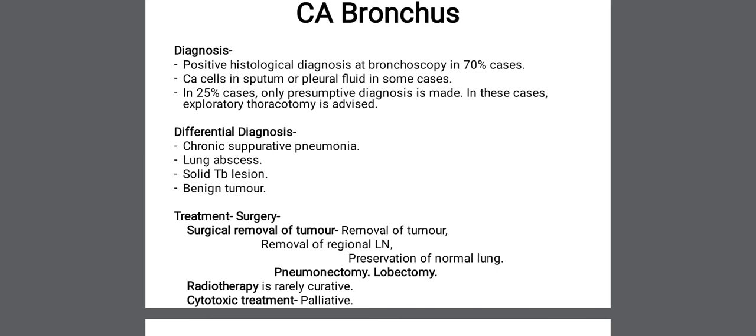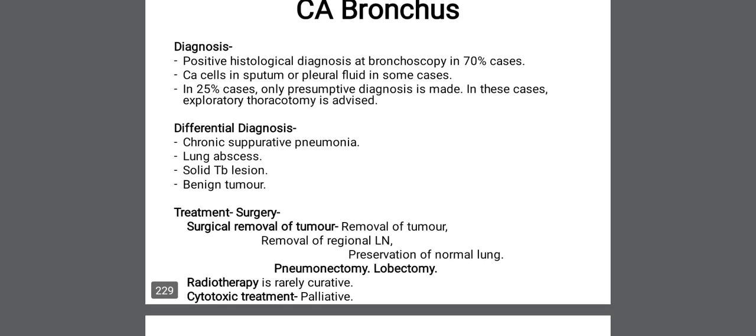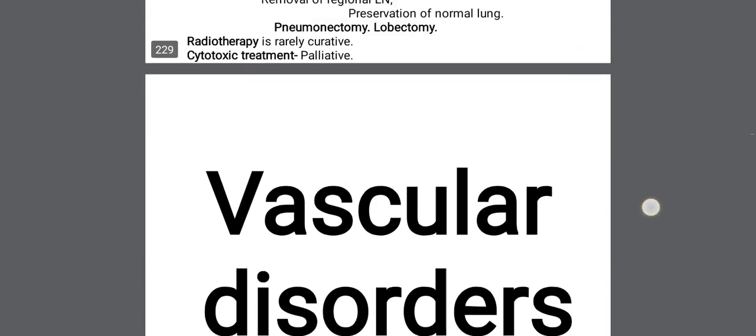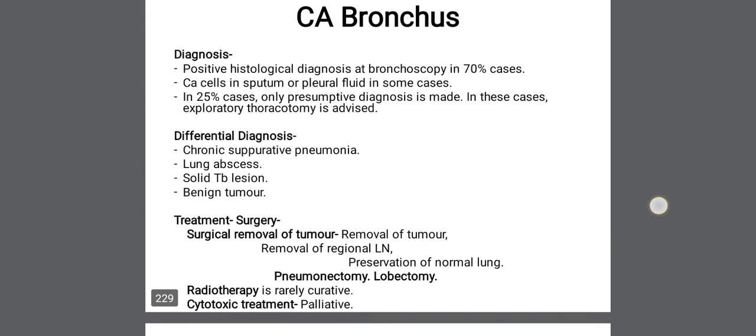Seventh question is Pancoast tumor. The eighth question is the etiological factors of CA bronchus.